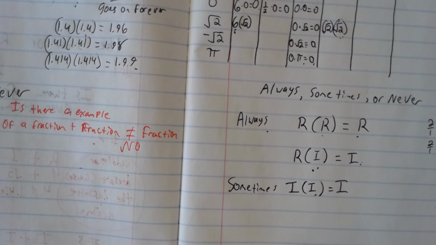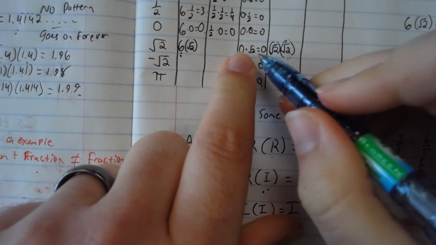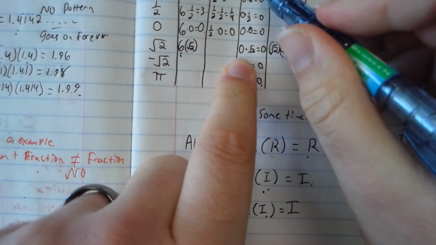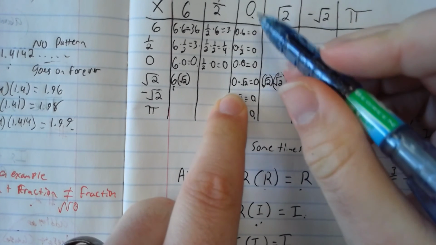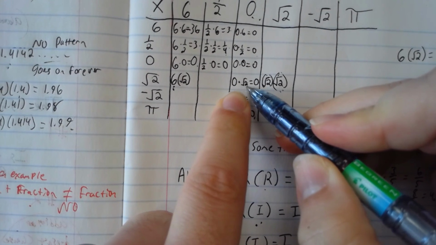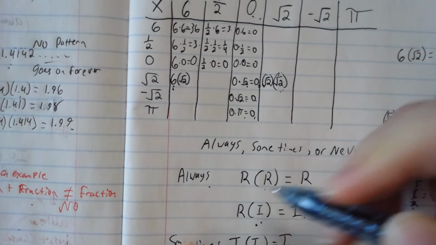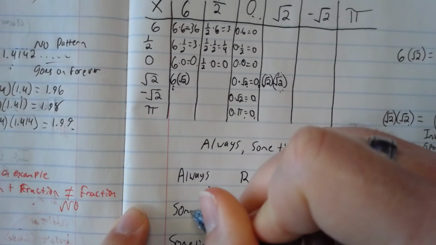And here we can look at a rational number like 0 times the square root of 2, which is irrational, getting us a rational result again of 0. And so this is another sometimes.